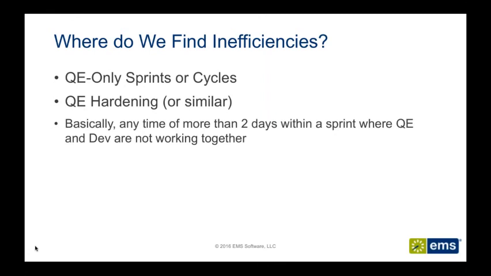I say that any time there's more than 2 days within a sprint where QE and dev are not working tightly coupled together will tend to be a flag for us. And we'll work that through some of our Scrum ceremonies like stand-ups or refinements.